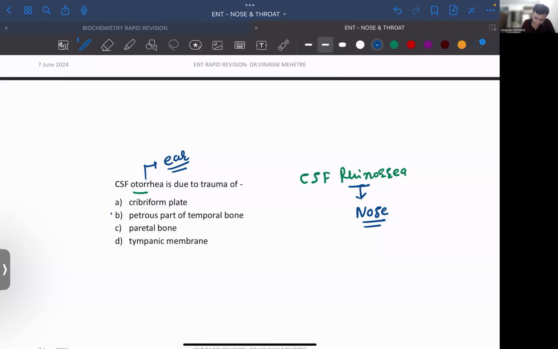That is temporal bone fracture. Okay, this question has been repeated so many times. Reason? Simple plain English. One word changes the answer. Okay, now you understood. Oto means ear, rhino means nose. Do not get confused.